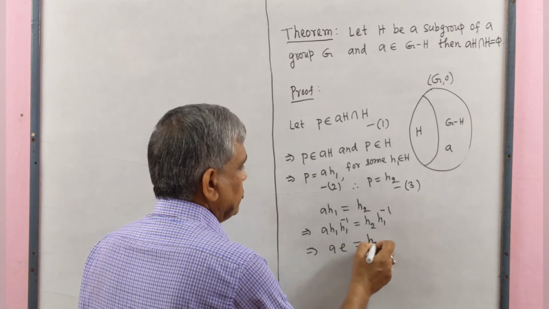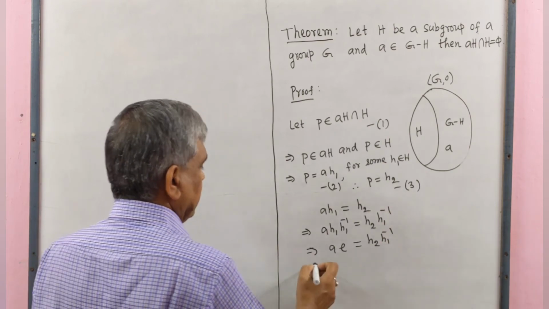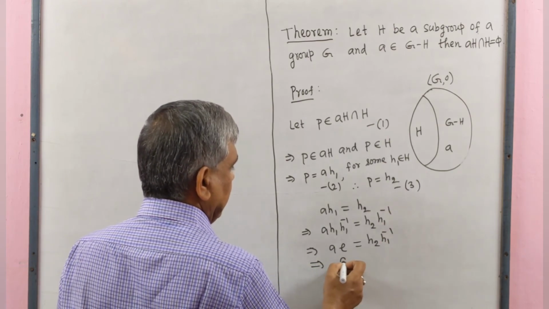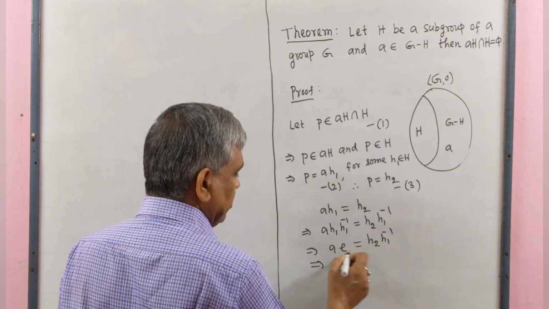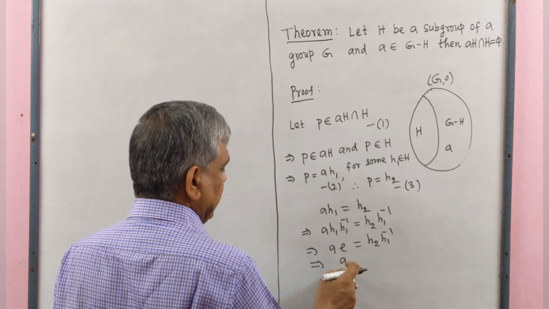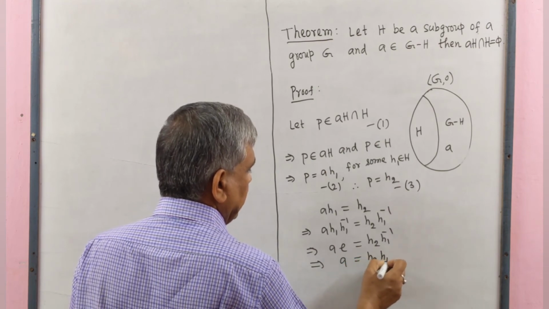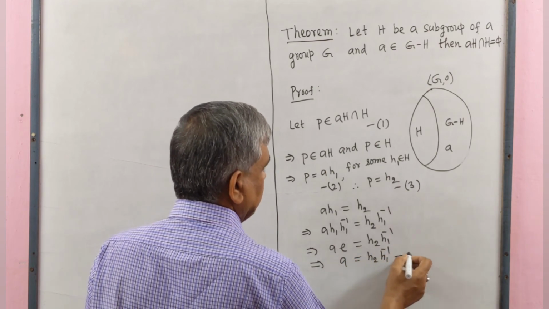So this is equal to a identity element, and a becomes a equal to h2h1 inverse. This is number 4.